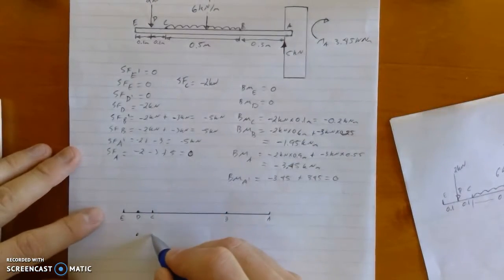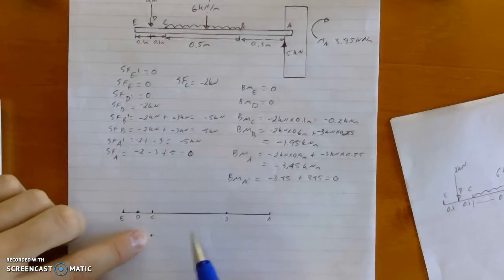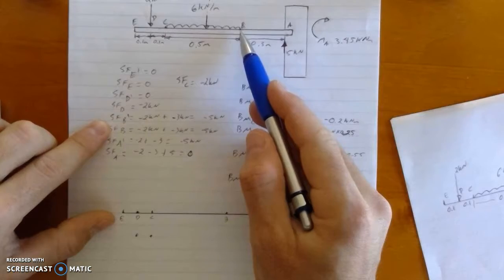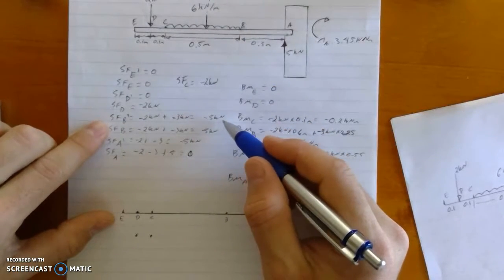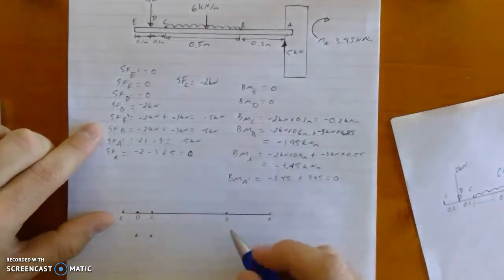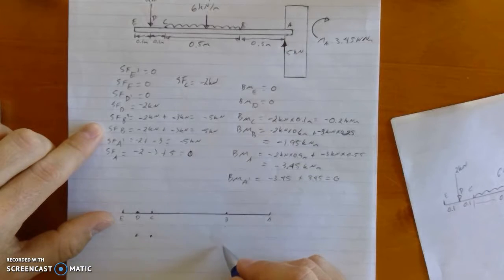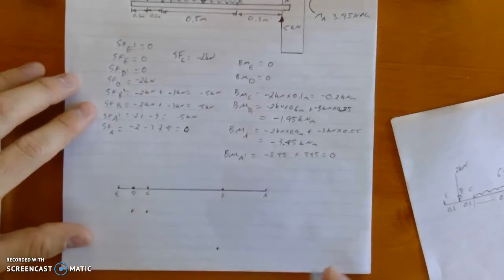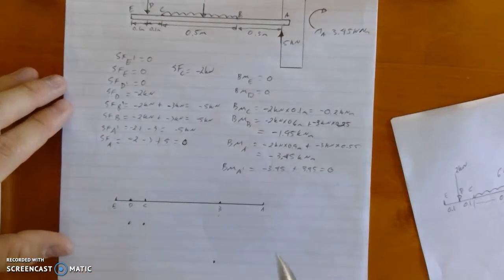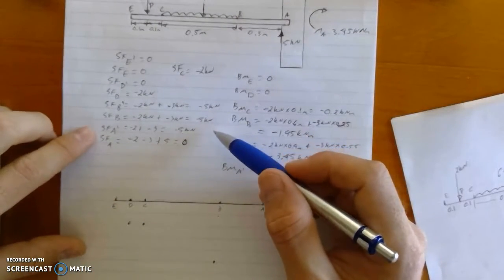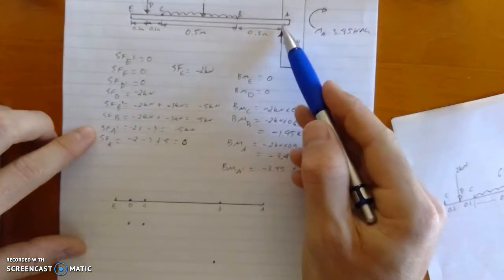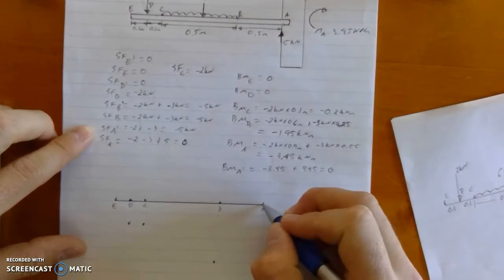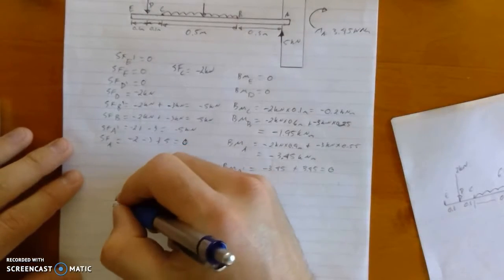Then we got shear force at point B. So point B is here. We start at negative 5 and we finish at negative 5. So that's 1, 2, 3, 4, 5. Now we're going to go to shear force at point A. It starts at 0.5 and then goes to 0. So how does it look?